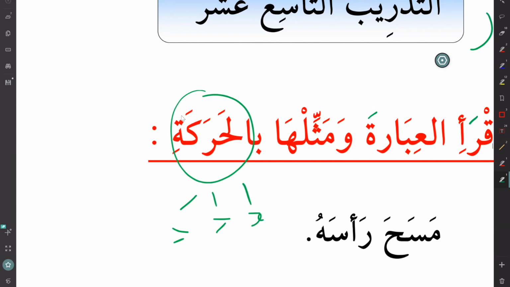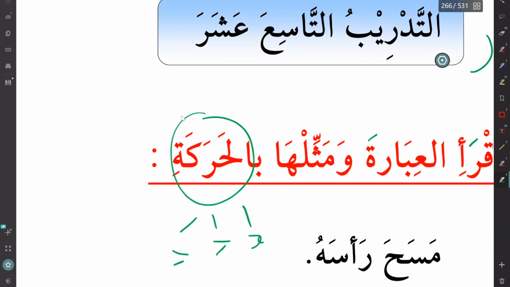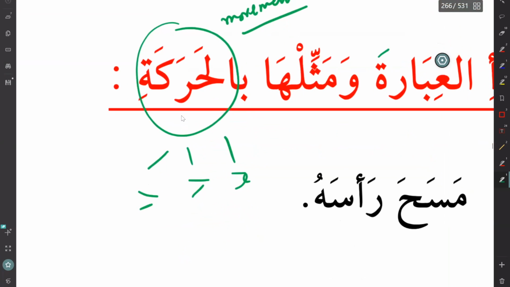This is not what the word actually means. We use that word for that purpose. But what is the actual meaning of the word haraka? The actual meaning of the word haraka is movement.